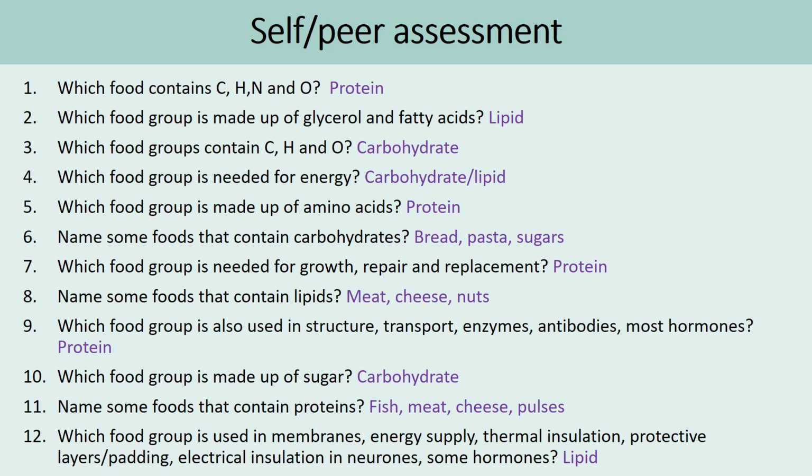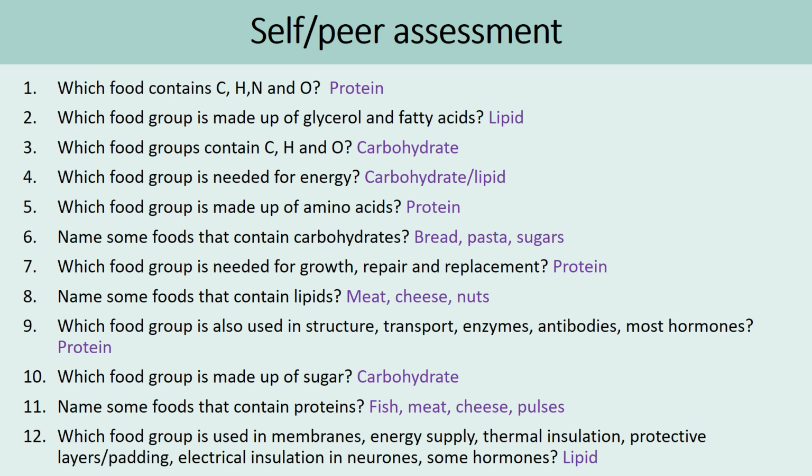Okay, so what we're going to do now is this would be the point in the lesson where we'd start doing about the required practical, so how we can test for these different food groups. And you need to know the test for starch, which is a complex carbohydrate, glucose, which is a simple sugar.